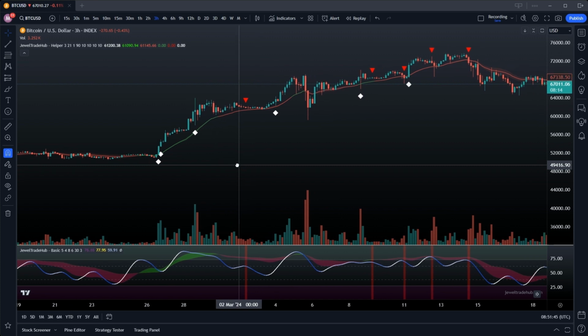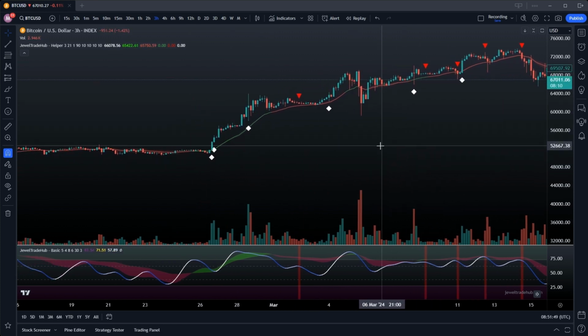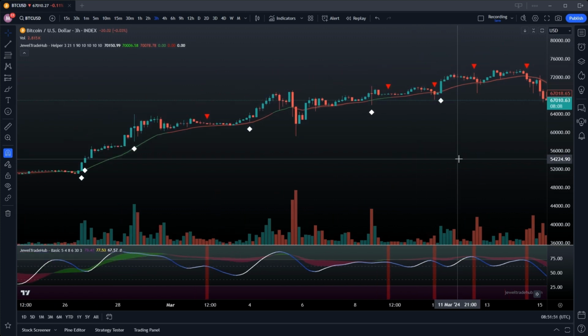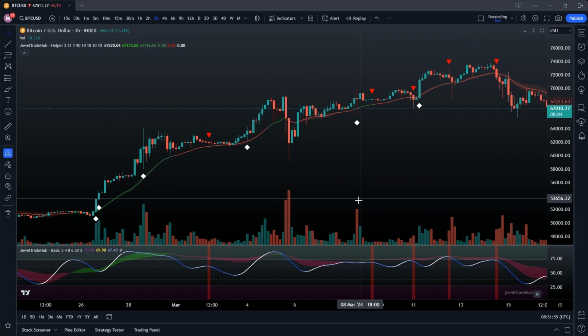The other thing that you're going to see are those white diamonds, and those basically represent volume spikes. So if we take this example, it basically represents a spike of volume compared to the previous 5 or 6.